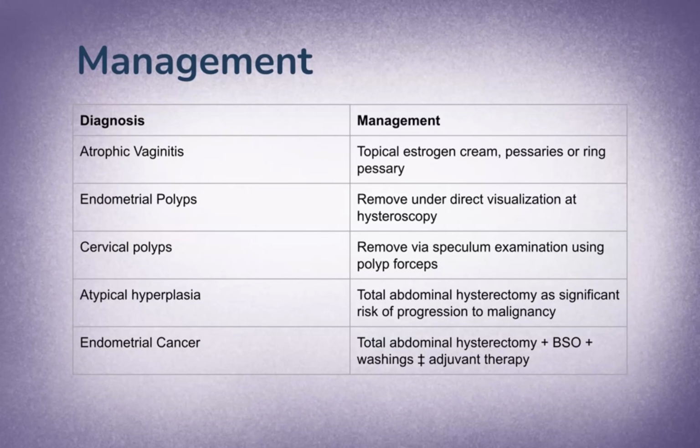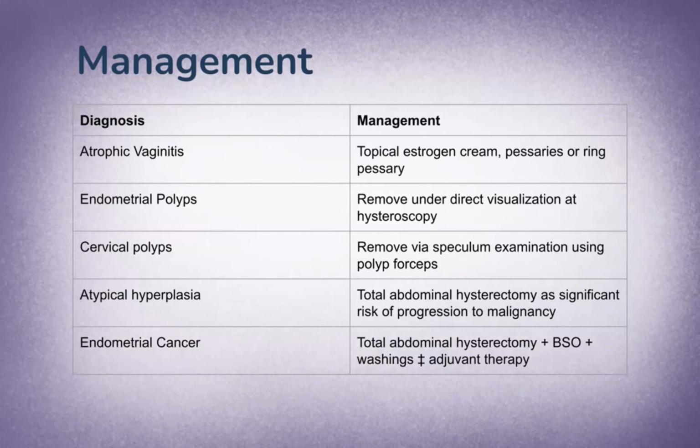Atypical hyperplasia, so if hyperplasia is detected but it's not cancer, in a situation like this, there's a significant risk that this could progress to malignancy. So it's typically removed. The hysterectomy is the definitive treatment for this.